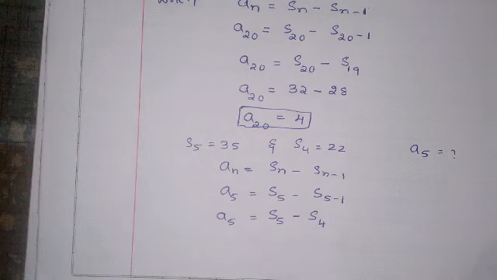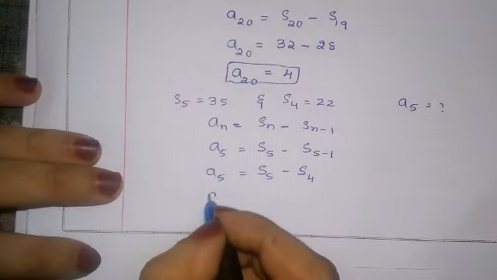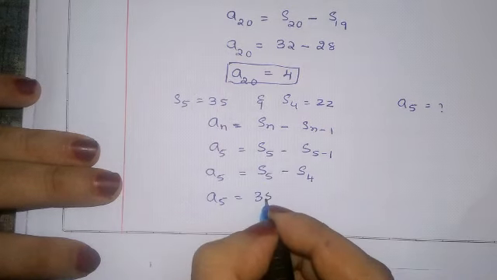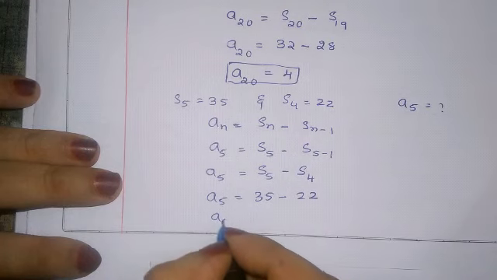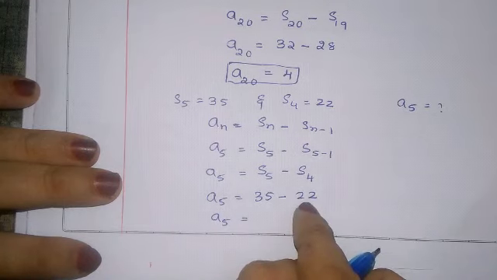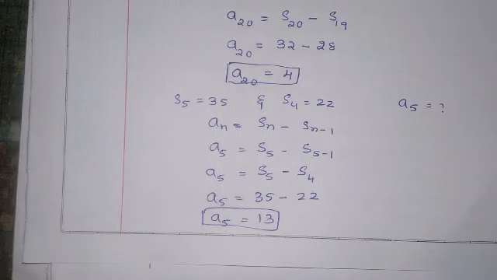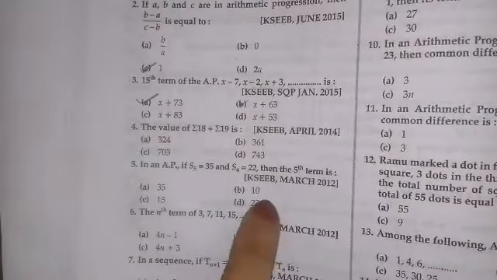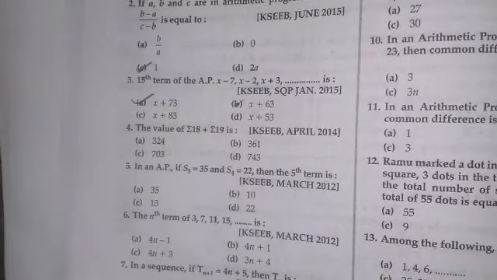There will be logic for this problem if it is given for 1 mark. A5 is equal to S5, given 35, minus S4, given 22. A5 is equal to 35 minus 22, which is 13. So here we got the value 13, and in this book the options are 35, 10, 13, 22. So the correct option is C, 13.